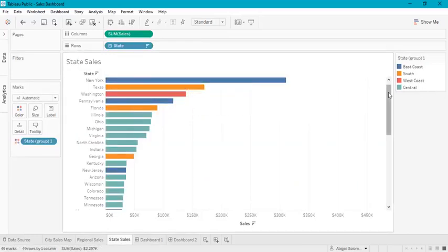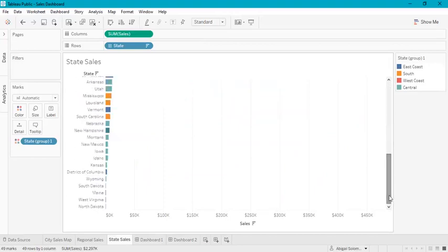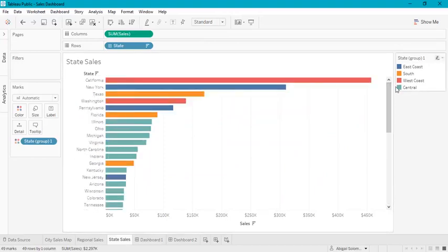So we have a number of states here, which has been arranged in descending order. The state with the highest sales, which is actually California on the West Coast, had the highest sales, followed by New York, which had $3,011,000.